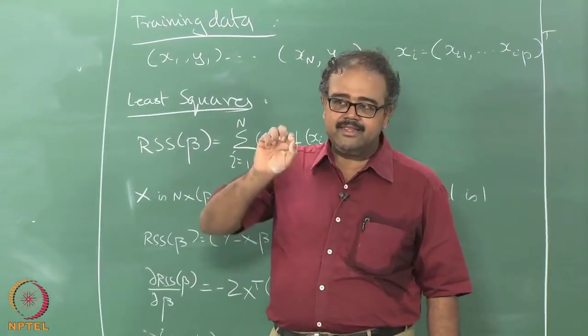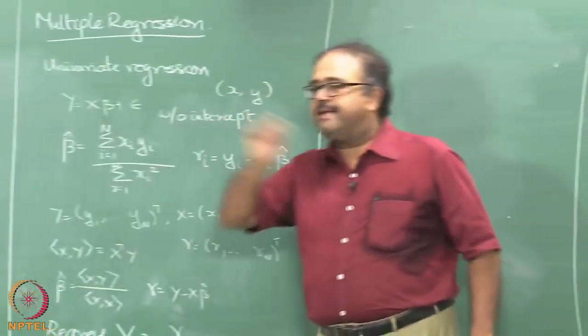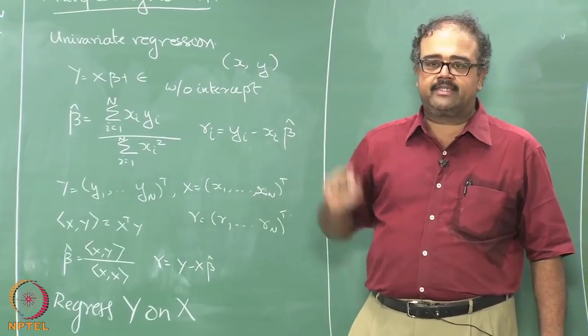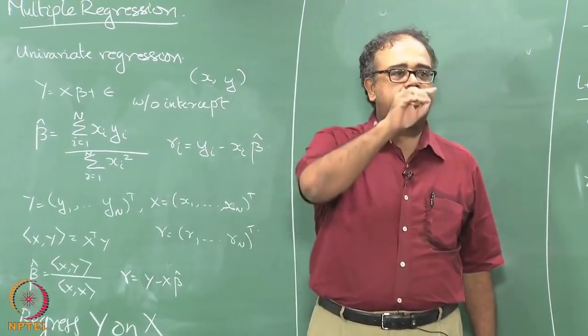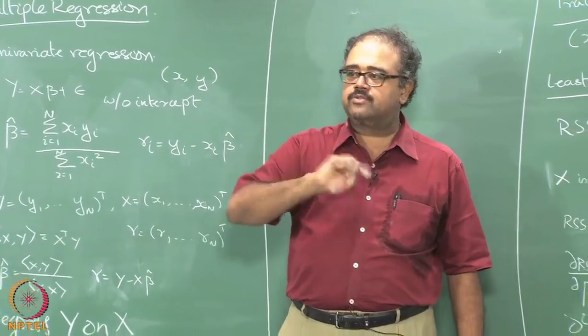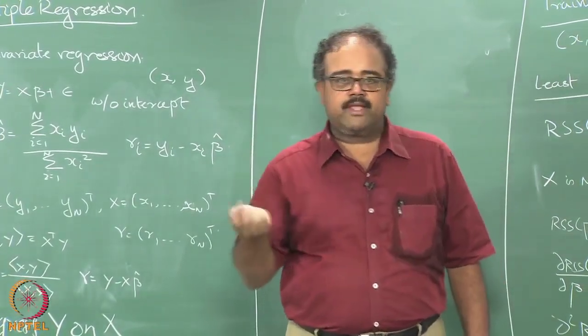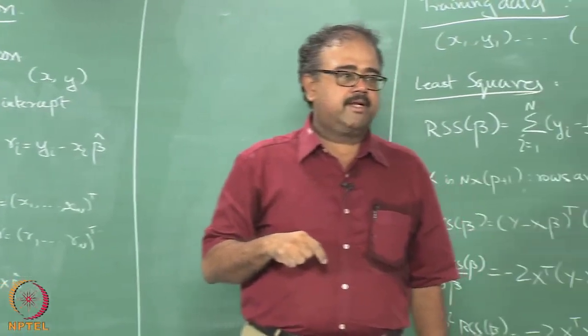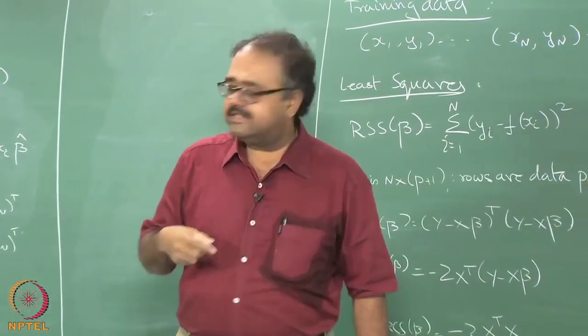With a little bit of thought, you can convince yourself that each beta, beta 1, beta 2, beta 3 and so on, is just given by regressing y on x1, x2, x3 and so on. So beta 1 is the regression of y on x1, beta 2 is the regression of y on x2. Why is that the case?